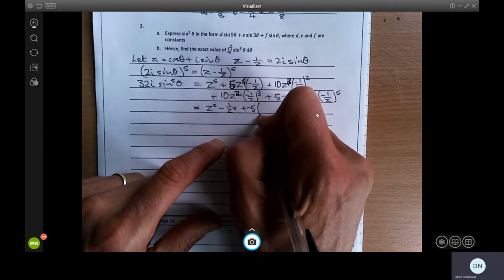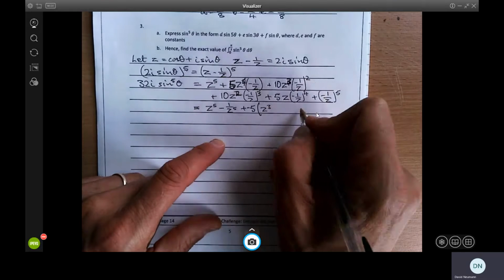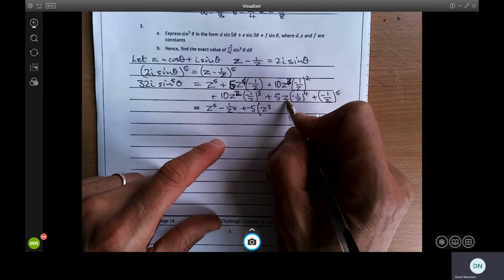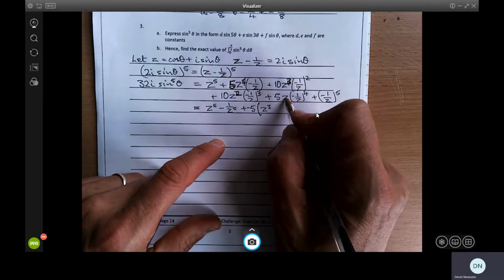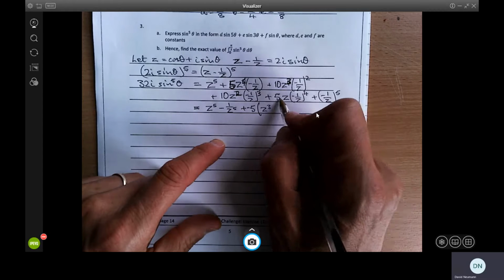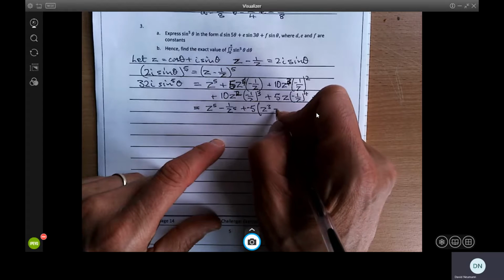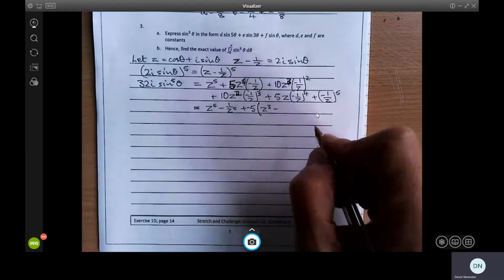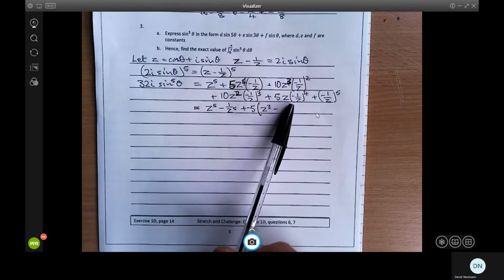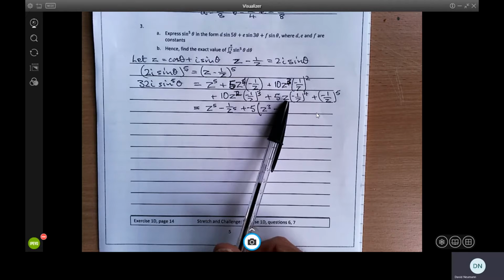So that's minus 5 z cubed. What have we got here? This is minus 1 over z cubed, or minus 5 times 1 over z cubed. So plus. I think I've lost a minus sign here.